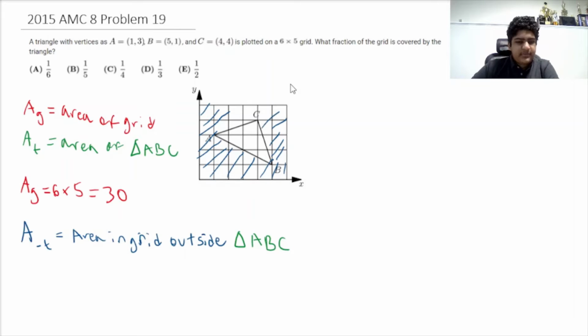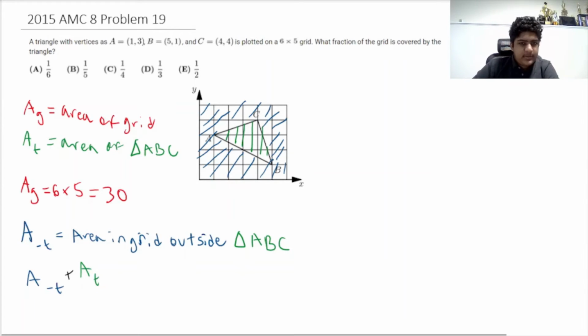And we can notice from this diagram, once we shade in the triangle green, that A sub negative t plus A sub t is just equal to A sub g. That's just this total area right there.